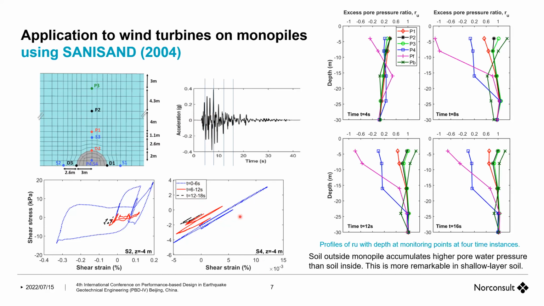As you can see, the point inside is doing some linear elastic response until the last part of the shaking. Whereas the point outside quickly starts to liquefy, because in the initial phase you have these butterfly, dog bone, banana forms, and then it eventually goes into liquefaction with smaller cycles, and at the end it is fully liquefied. So the model is nicely capturing the different parts of the stress buildup and pore pressure buildup.